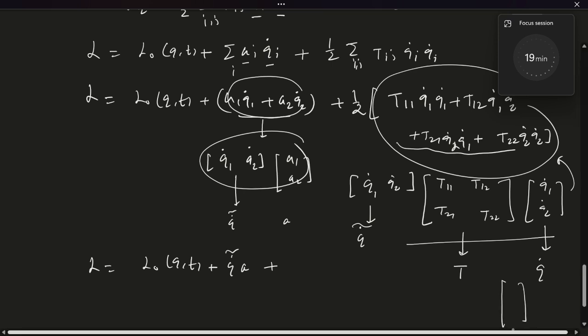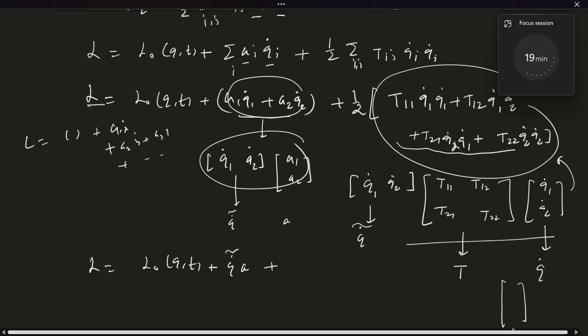A is a matrix. How can you find the A? When you are writing the L, say in Cartesian, L equals something plus a1 x dot plus a2 y dot plus a3 z dot plus something like that.